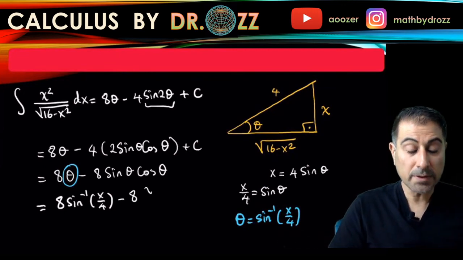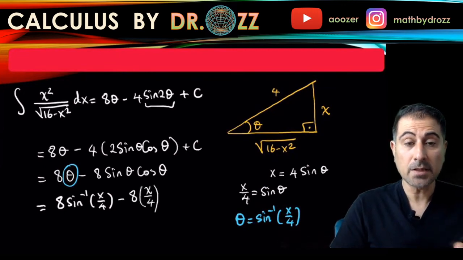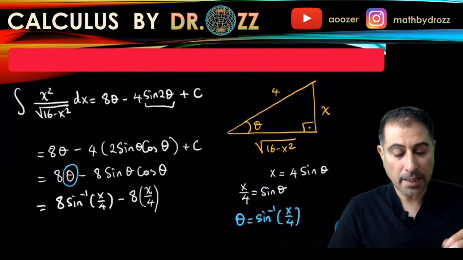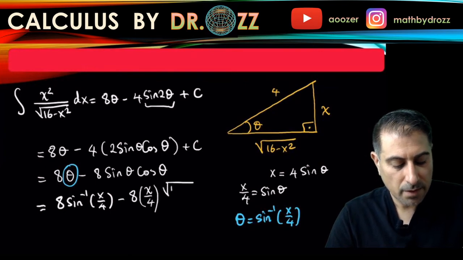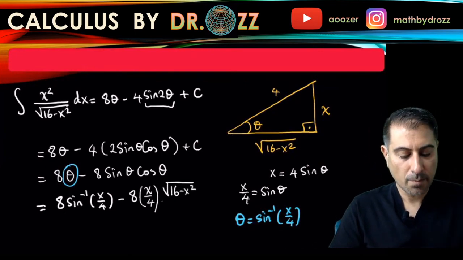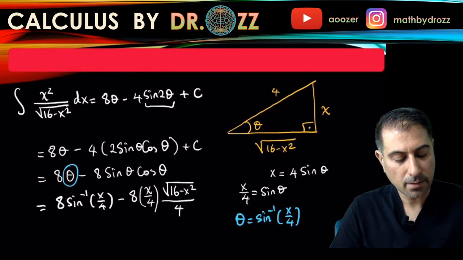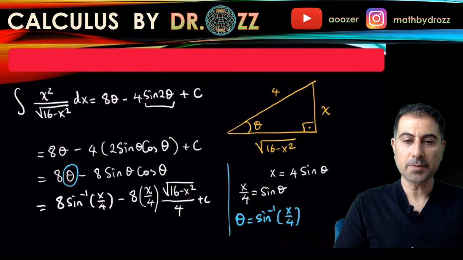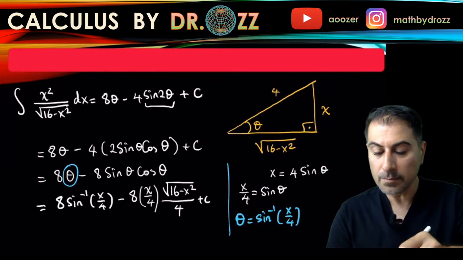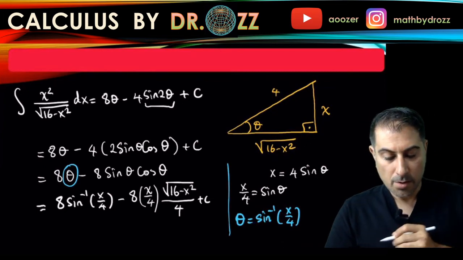And now I need cosine theta, and cosine theta can be read out of the right triangle. That's the adjacent divided by hypotenuse, plus c. So you can go ahead and simplify this more, but that's pretty much what the final output looks like for this integral.